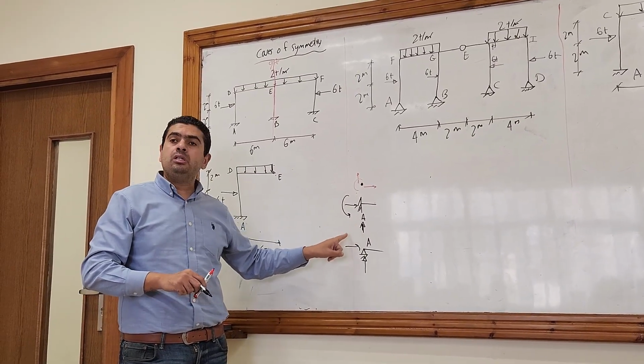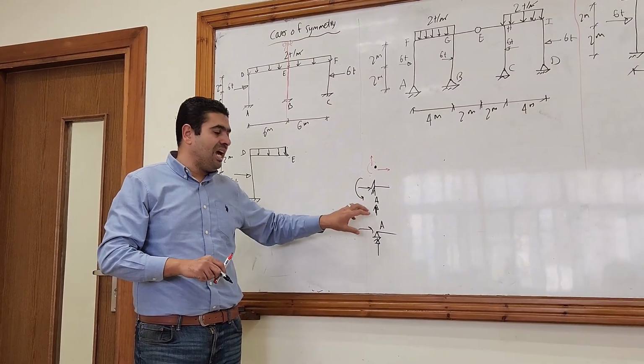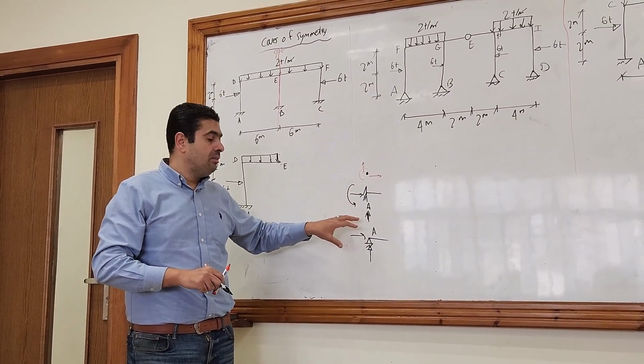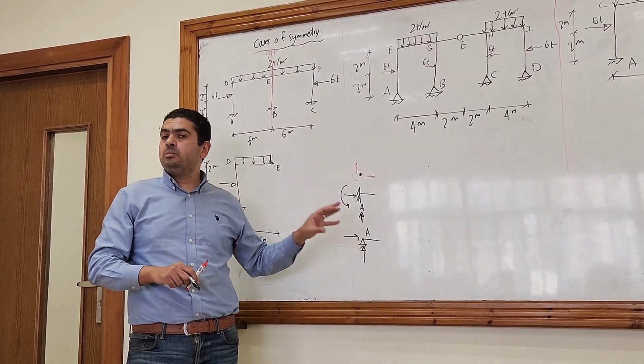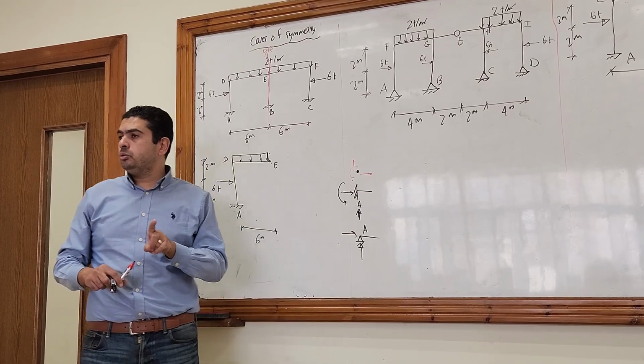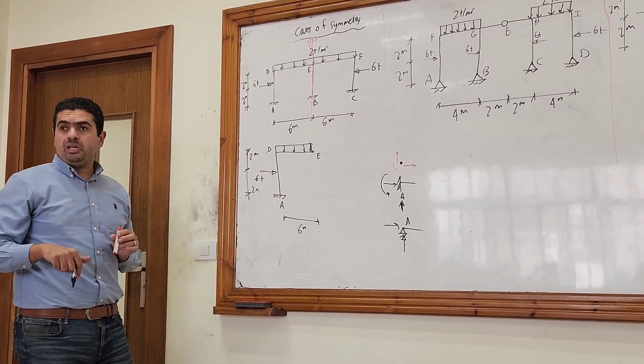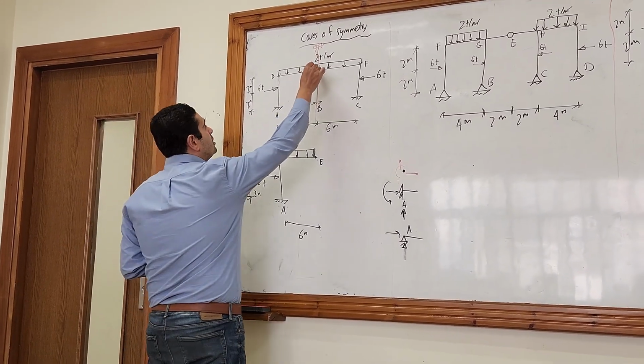But the rotation is not 0 because there is no moment reaction that eliminates the displacement in its direction. So the rotation here is not equal to 0. The same meaning here. My question again: the behavior of this point E.